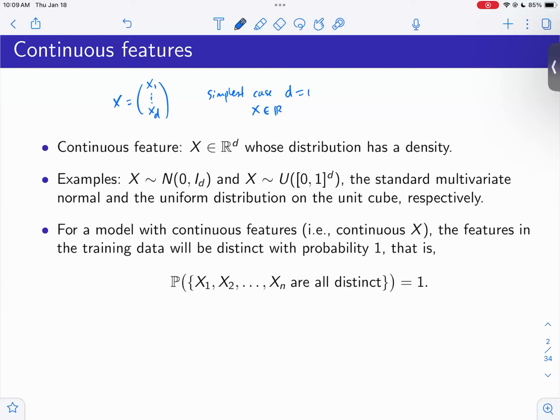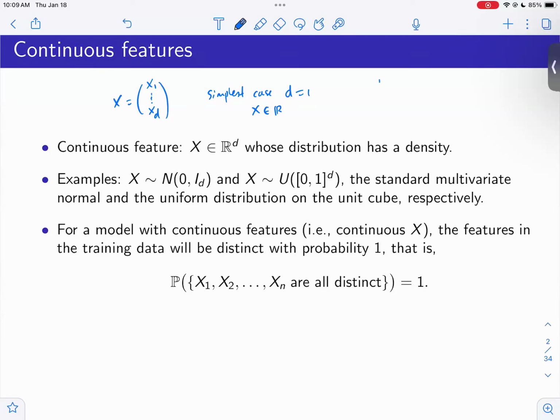So now the question is how any of the things that we developed can be extended to this case. An example in the d-dimensional case is the normal distribution with mean 0 and identity covariance matrix, or a uniform distribution on the hypercube.